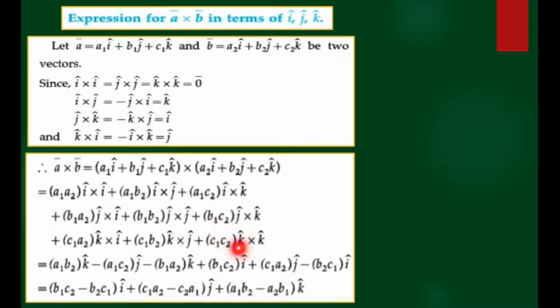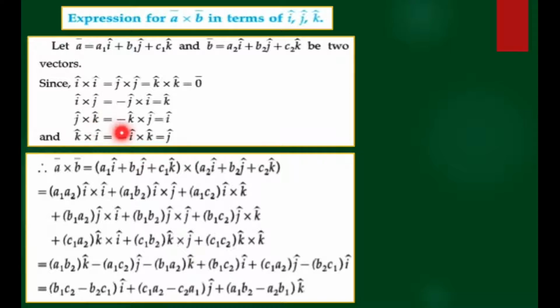Then see the next value, c1 a2 k cross i, which we replace by j. So we write plus sign c1 a2 j. Then next we write c1 b2 k cross j.